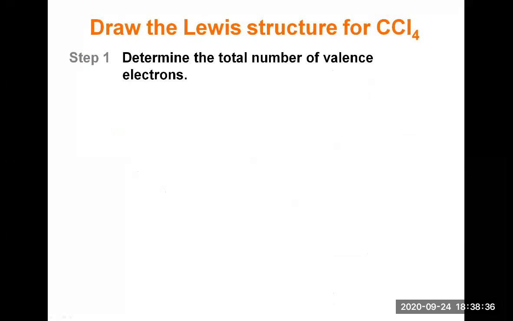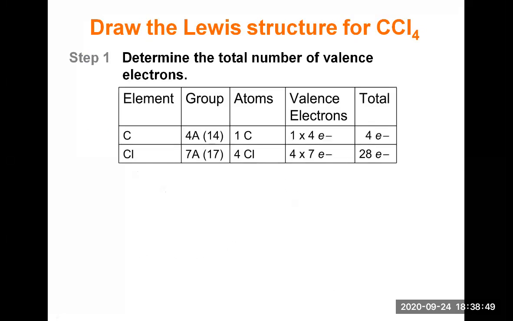Let's draw the Lewis structure for carbon tetrachloride, CCl4. So the first step is to determine the total number of valence electrons. We have carbon, group 4A, which has 4 valence electrons. There is only 1 carbon in the formula, so that's 4 electrons from carbon.